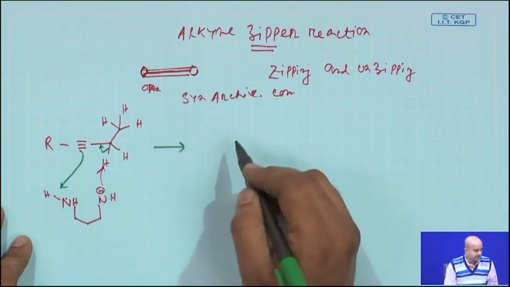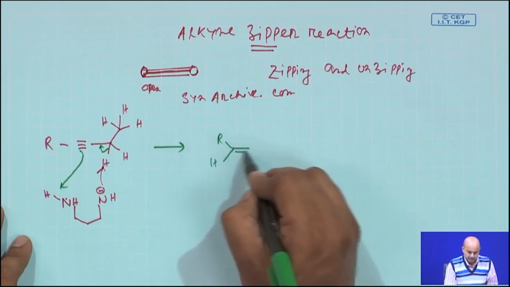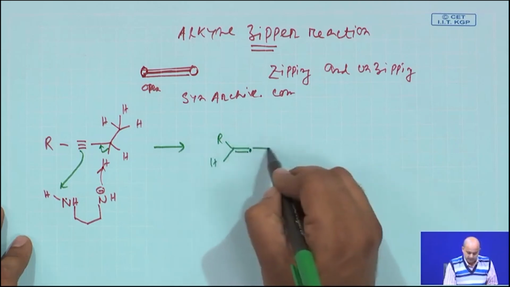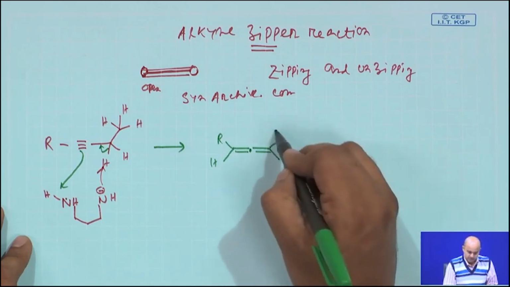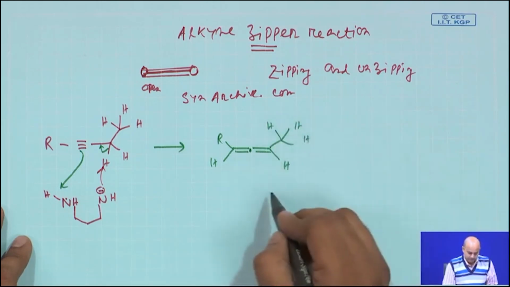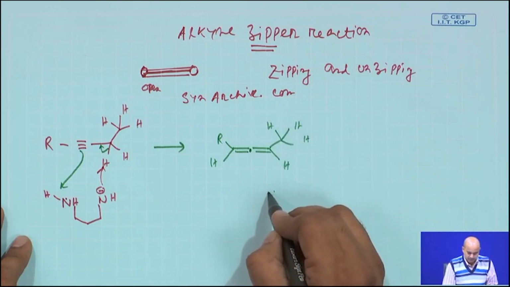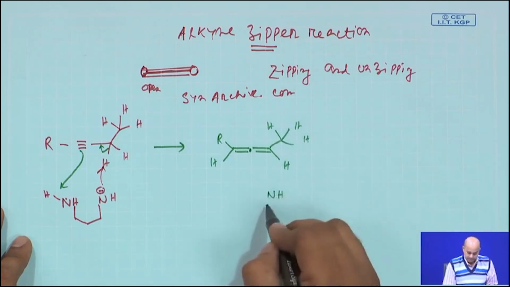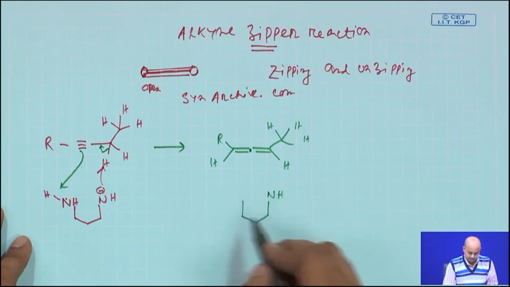So, in the initial step you basically have this allene, and the remaining part is similar. So, now this part is becoming this way.